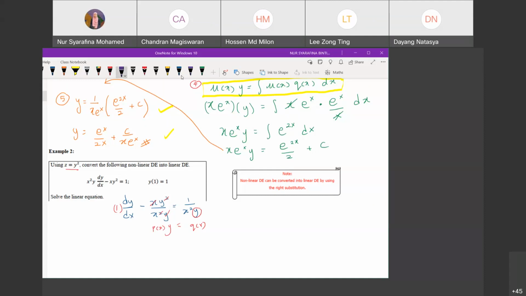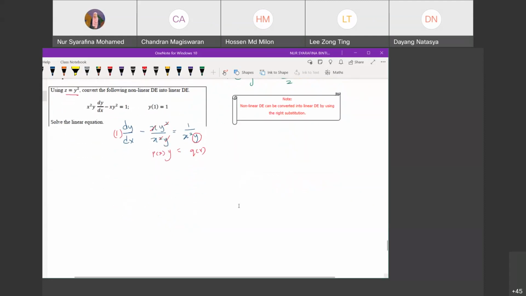So how? Okay, first we have the substitution where z equals y squared. Now we want to substitute into this differential equation where, as you can see, we have dy dx there. So we need to have dy dx from here.